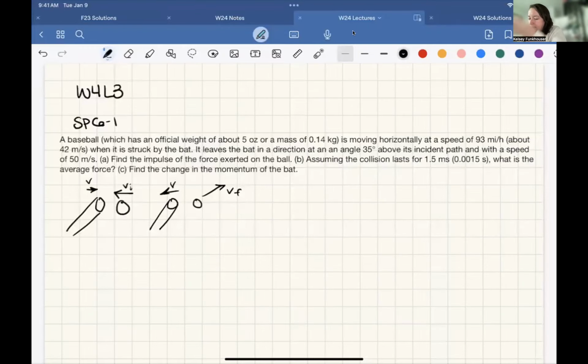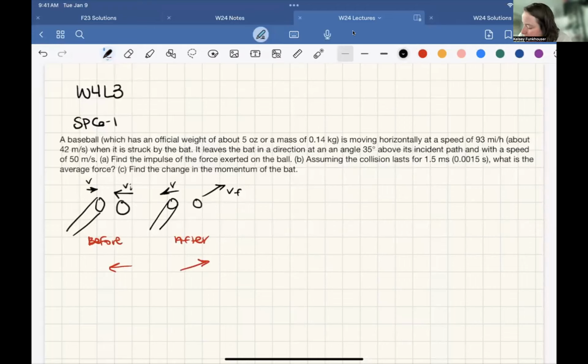Okay, so I've drawn the situation for you. This is before the collision, and this is after. And so you can see that we have set that the initial velocity of the ball, I'm sorry, is to the left. And then the final velocity is to the right, but at an angle.